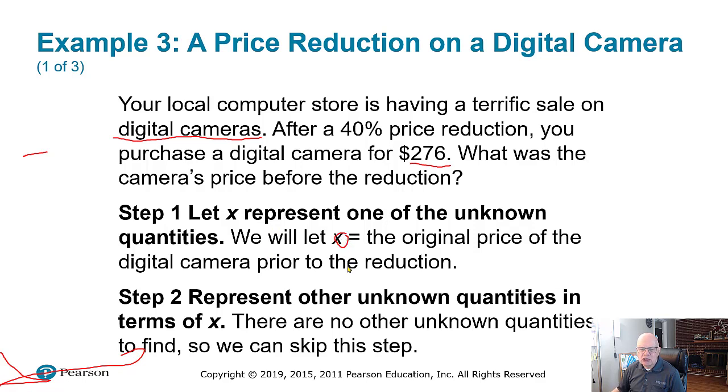What they don't show, and this doesn't mention, is how much the reduction is. The reduction is 40%. 40% of the original price. So the reduction is going to be 40%. And remember, of means multiply, so it'll be 40% times the X.